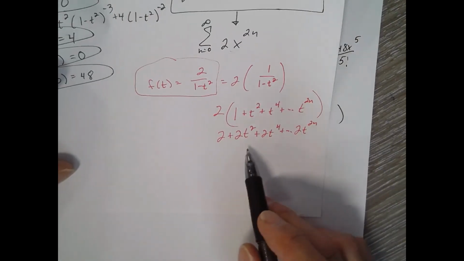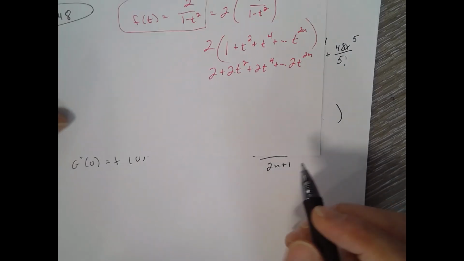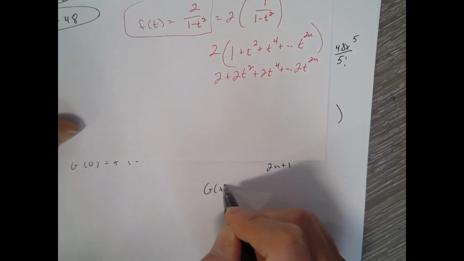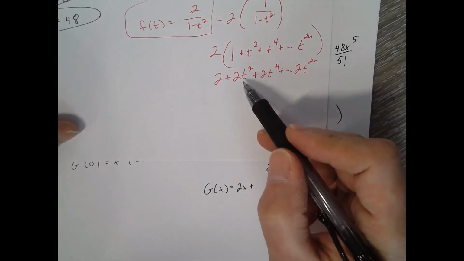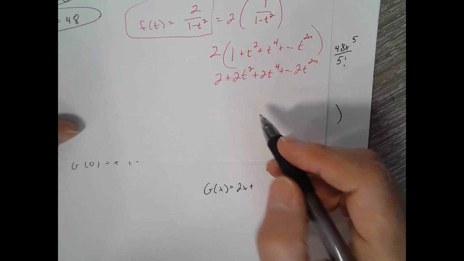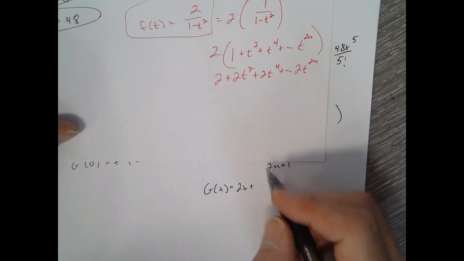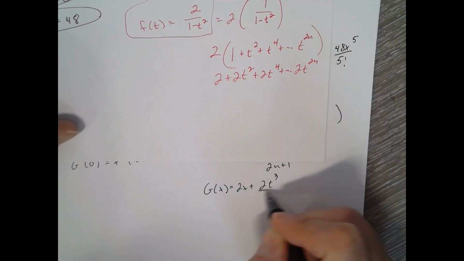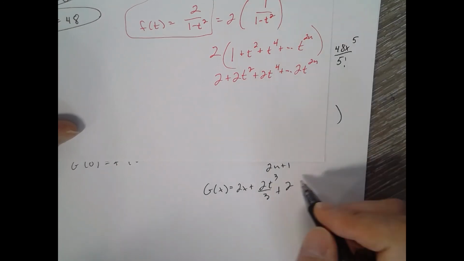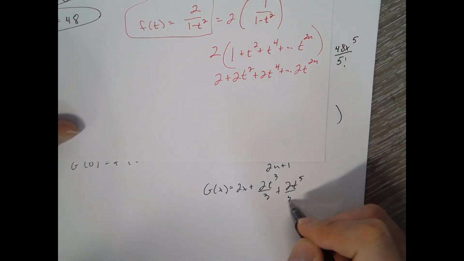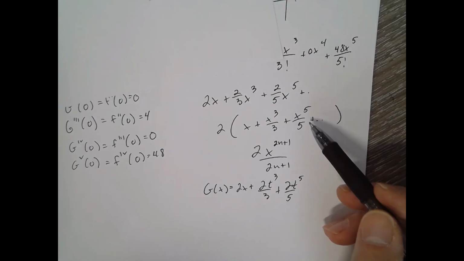So I can integrate my existing series for f, and g would be the antiderivative of that, which would be 2x plus 2x cubed over 3 plus 2t to the 5th over 5. So we're getting the same thing here.